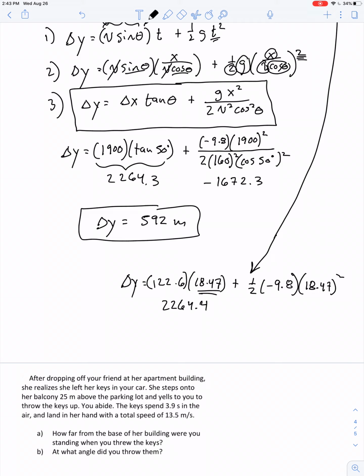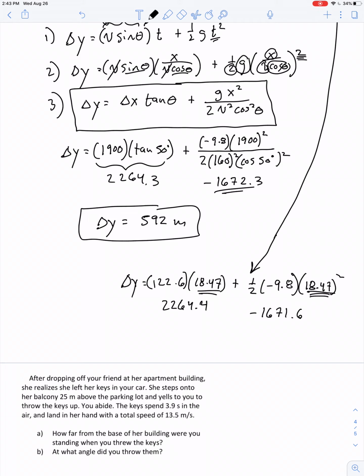And let's see. Yep, this gives me the same value, negative 1,600, well, this time 1,671.6, a little bit different, but this is just because I'm rounding off intermediate values.